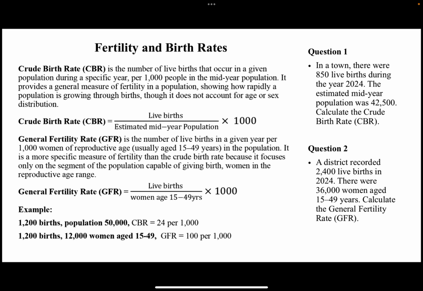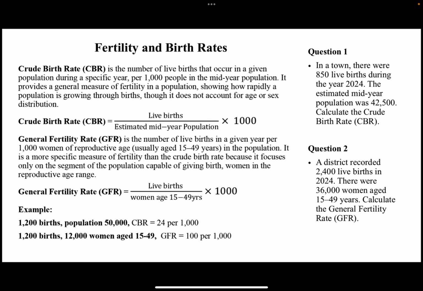Now, the general fertility rate formula is live births over, and the difference is that crude birth rate just uses the whole estimated population, but the general fertility rate uses women of reproductive age as the denominator.